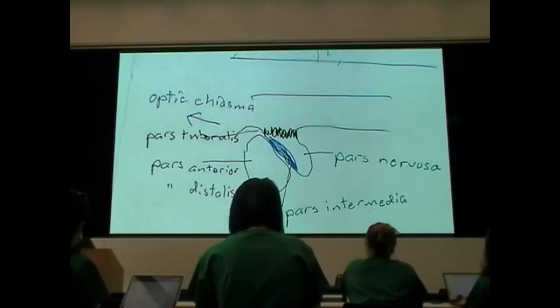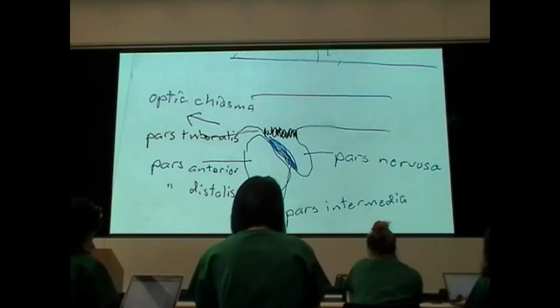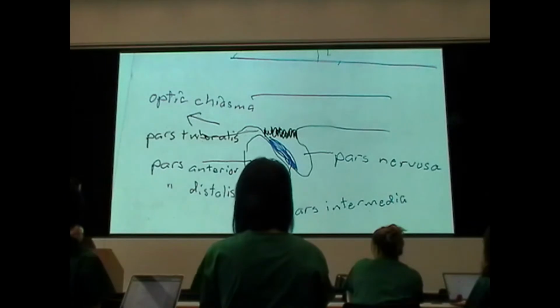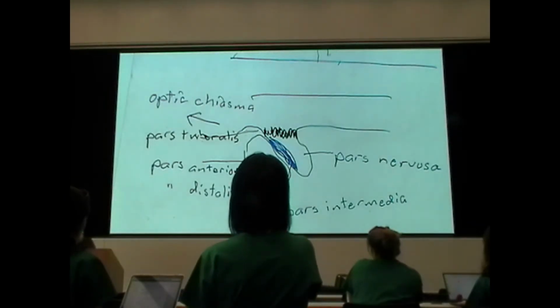Now, before they started doing this, what would happen would be that the metaphysis would lose its sensitivity, but the body would still make growth hormone, which meant that one could not grow body height, but that some bones were still responsive to human growth hormone.